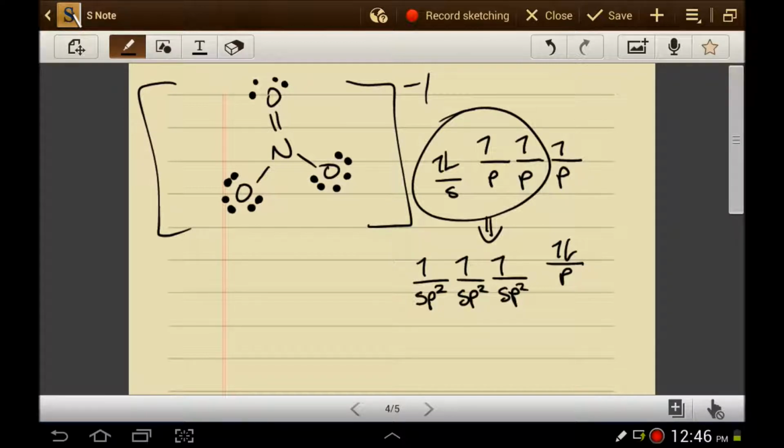When it comes time to share the electrons with the oxygens, there will be a direct overlap between the orbitals between the oxygen and the nitrogen in these hybrid orbitals. So the nitrogen will make a hybrid sp2 orbital that the oxygen will then come in and create a sigma bond with.